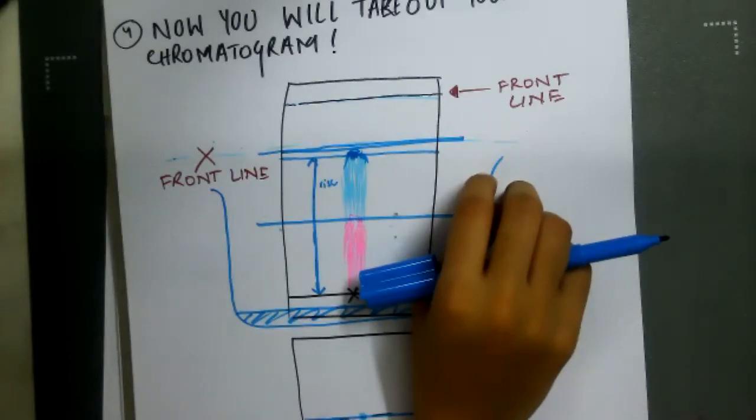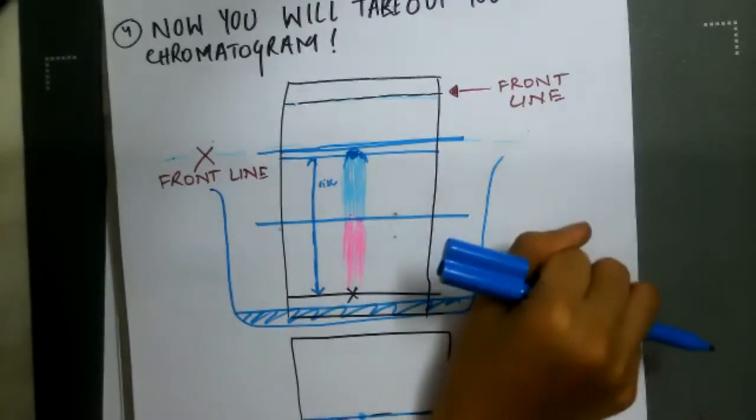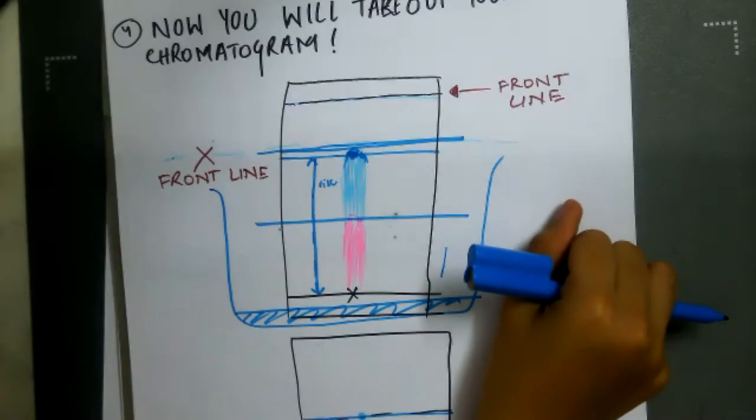And the color substances lagged behind. They did not reach the top limit of the wet paper, but they got stuck somewhere. Basically, there are two forces playing their roles here. One is the attraction between the molecules and the paper, and the other is the attraction between the substances and the water, the solvent in which they are dissolved.